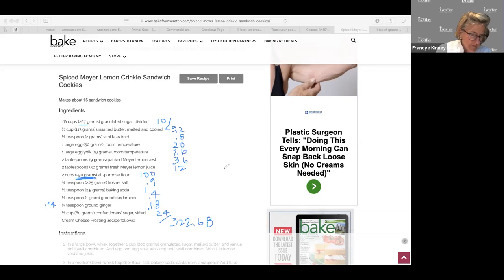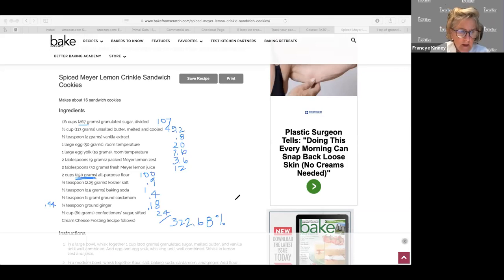Yes, Chef, I got the same thing. Okay, yep, I just did it a second time. That's what I got too. Okay, so there you are. That's our baker's percentage for this particular lemon cookie recipe.